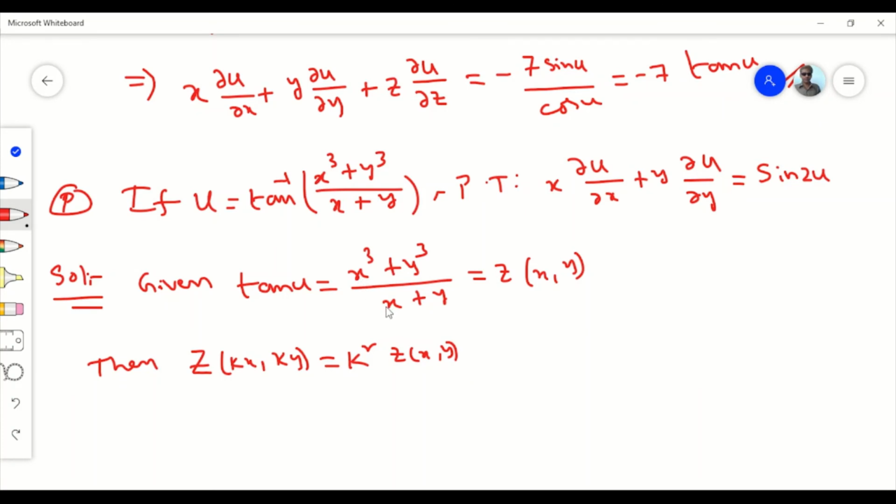So k cube by k is k square. Therefore, z is homogeneous of degree n equal to 2.